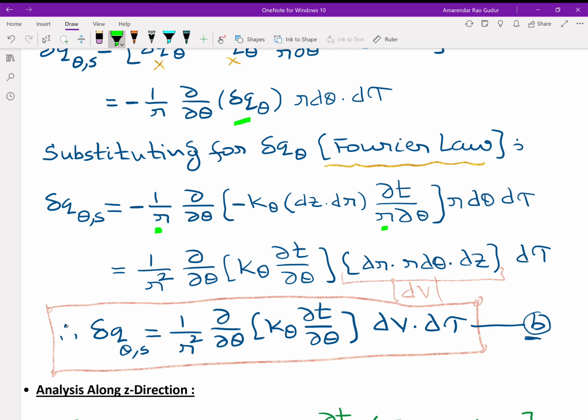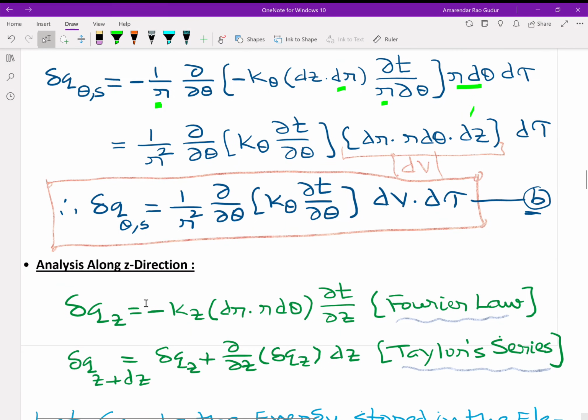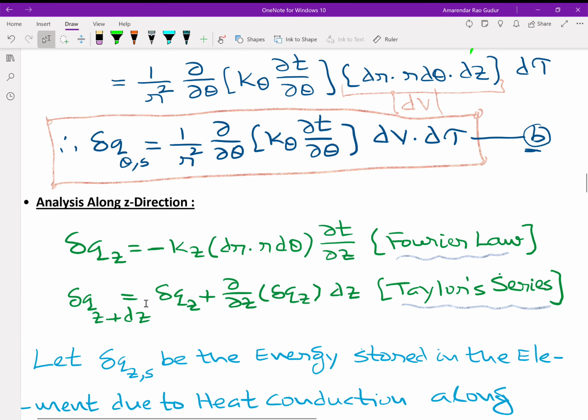Only k theta will be inside, del T by del theta. Then dr will be out, independent of theta. R d theta anyway is there, and dz anyway is there. This dr r d theta dz will become dV. Therefore your energy stored in the element due to conduction along theta direction will be 1 by r square del by del theta k theta del T by del theta dV d tau.